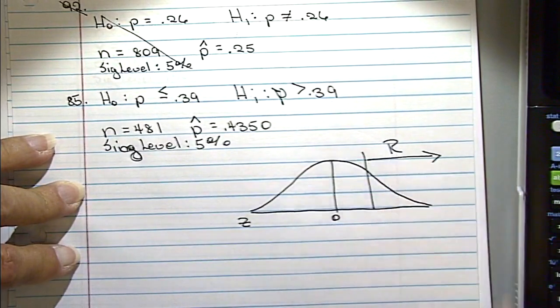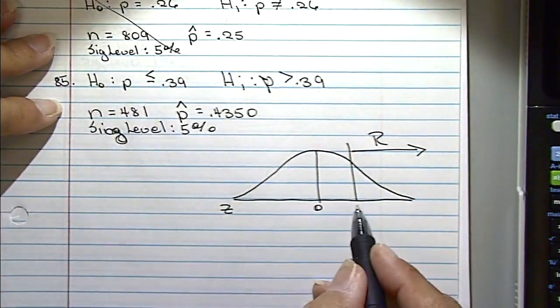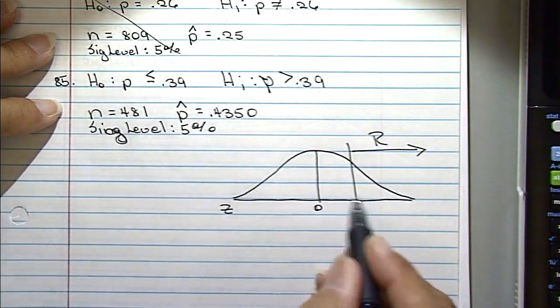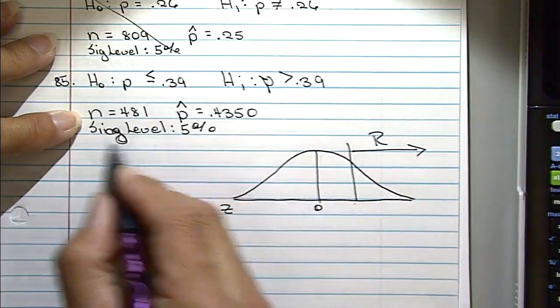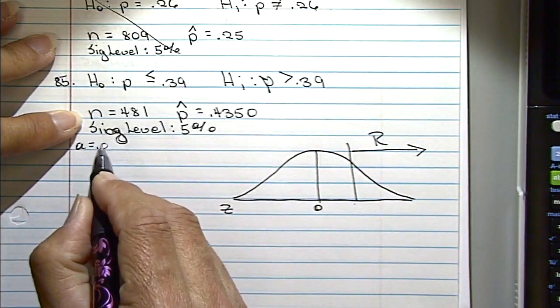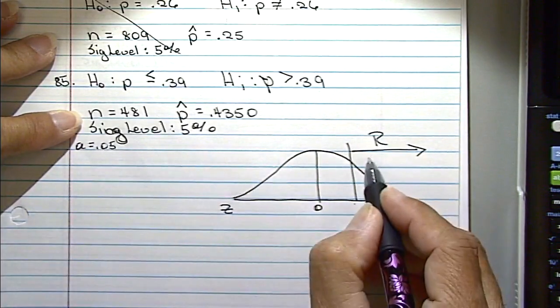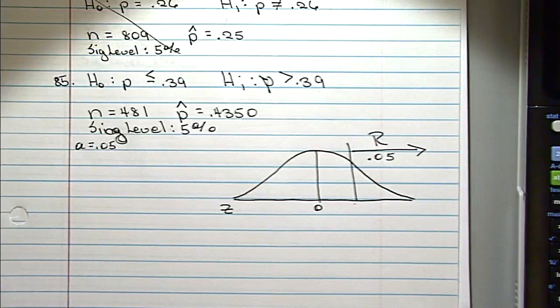Now I need to find the critical value of z. For that, I go to the significance level. Alpha is 0.05, so that's how big an area I put over there, because I don't split it in two. And that's the only thing I'm not giving you a good example of, guys, sorry, is splitting alpha in two.